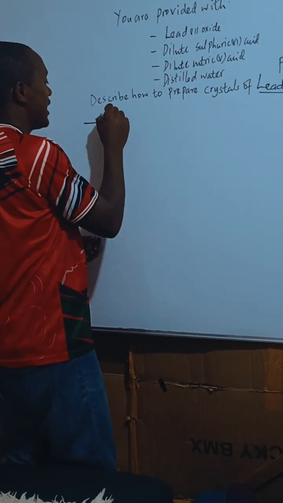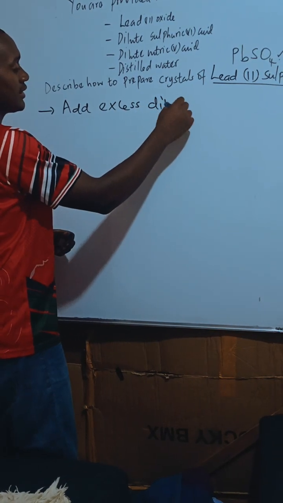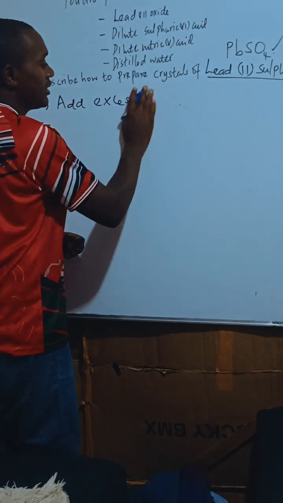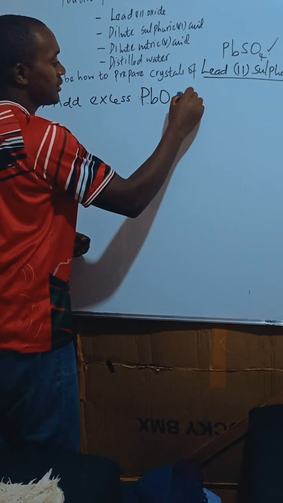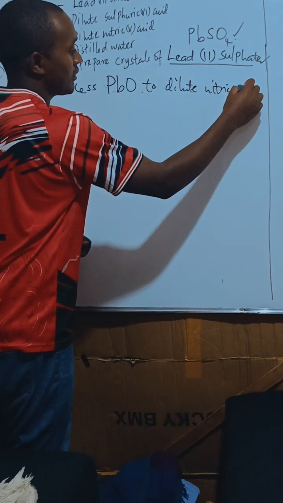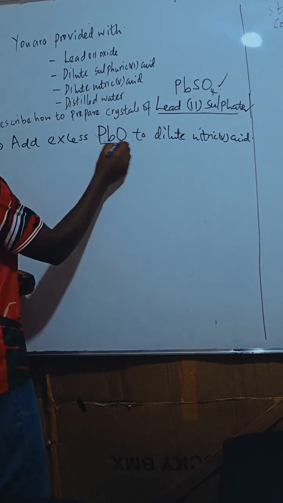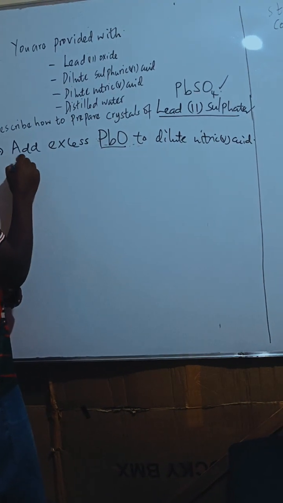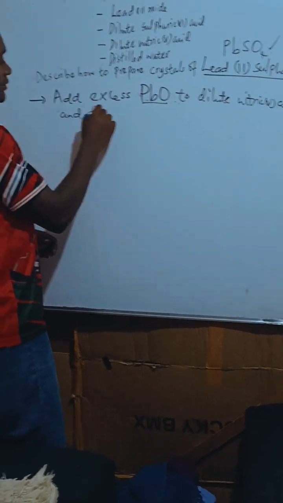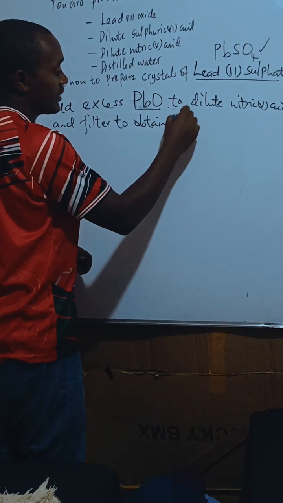So the first thing, add excess lead 2 oxide to dilute nitric 5 acid, and filter to obtain lead nitrate as the filtrate.